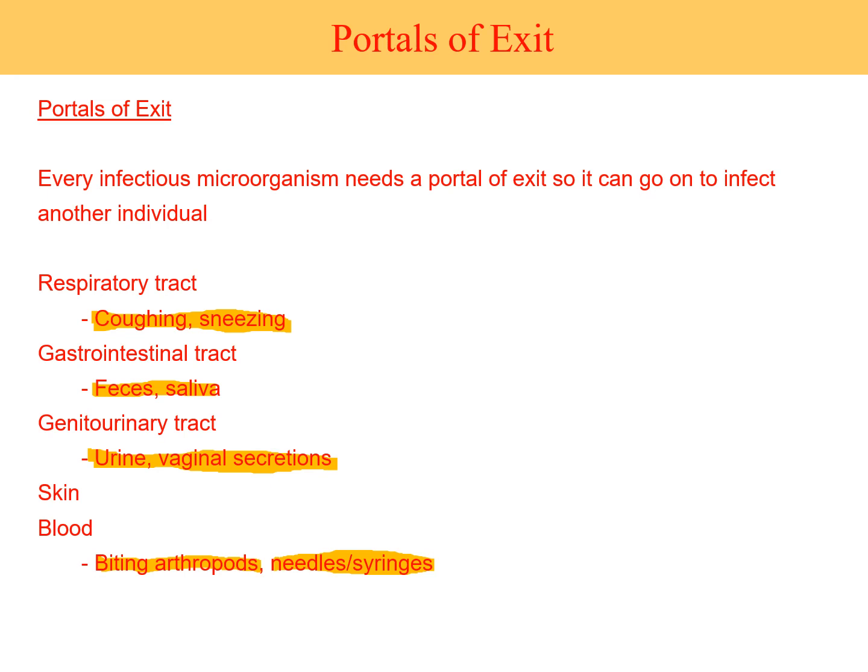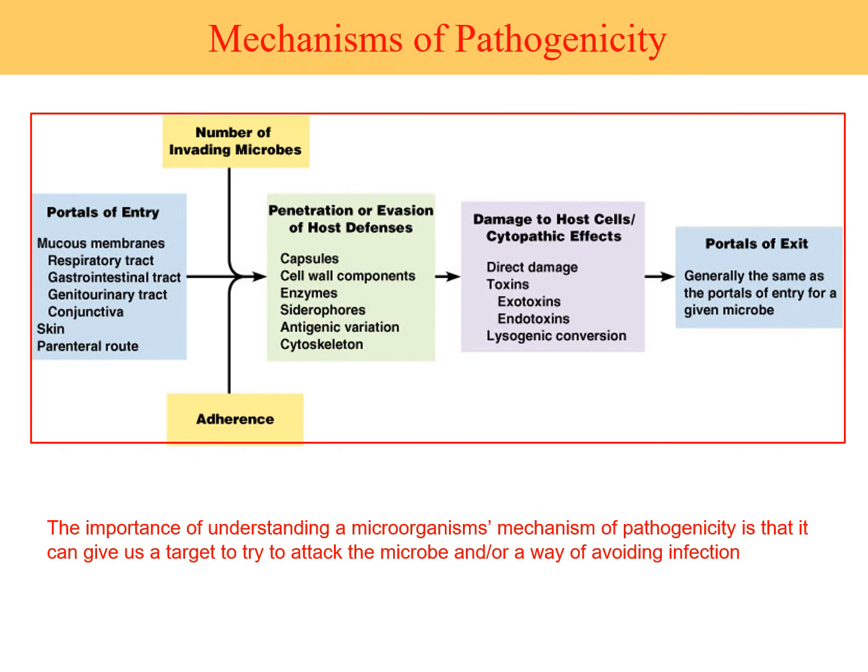So there are a number of different portals of exit by which an organism can exit and go on to infect another individual, which of course is an absolute necessity if it's going to continue to exist. So it's an absolute part of its life strategy. So all of these are important aspects.